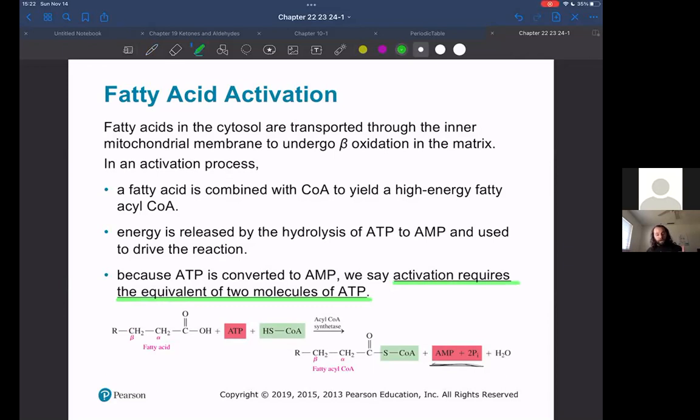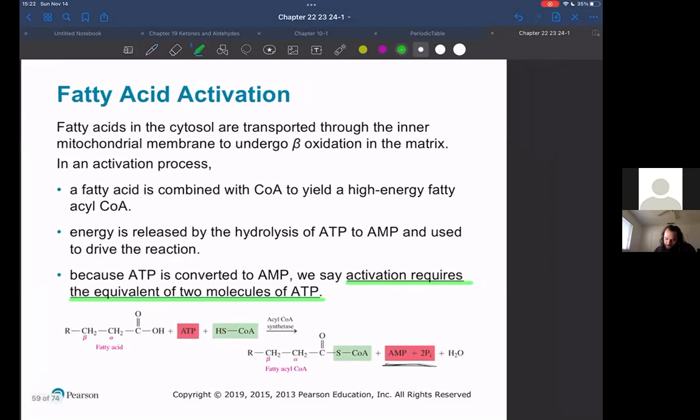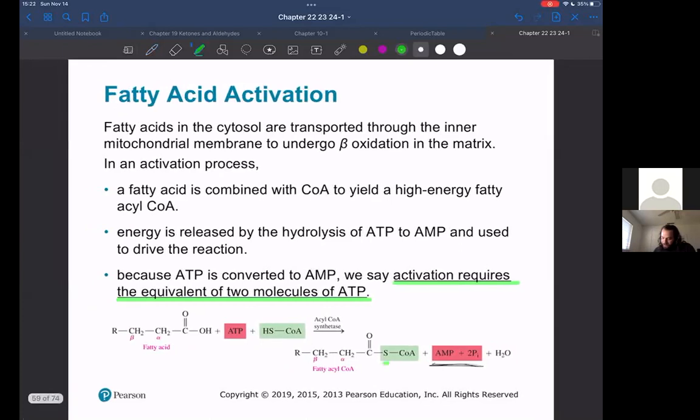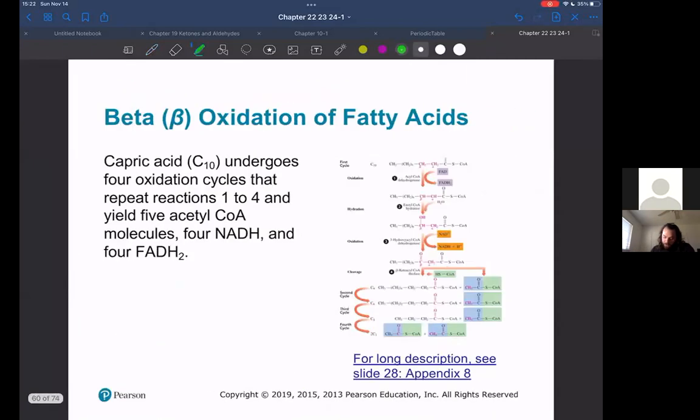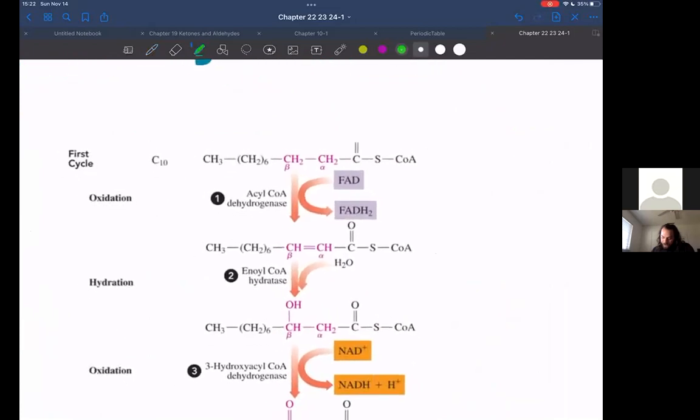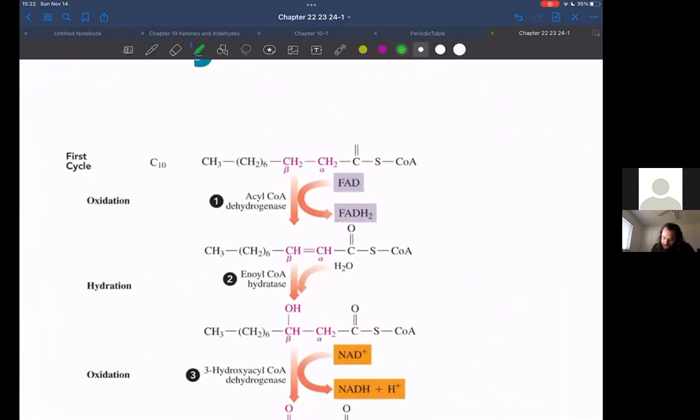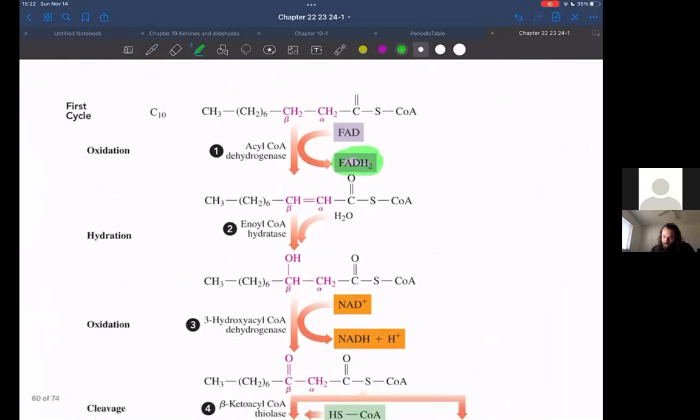Okay, so step 1 is going to require an input of energy. Now every step after that is going to give us an output of energy. And the ATP attaches this acyl-CoA to the end of that fatty acid. Okay, so first you're going to have this oxidation step, which generates FADH. Remember, FADH is going to be used in the electron transport chain to generate energy.